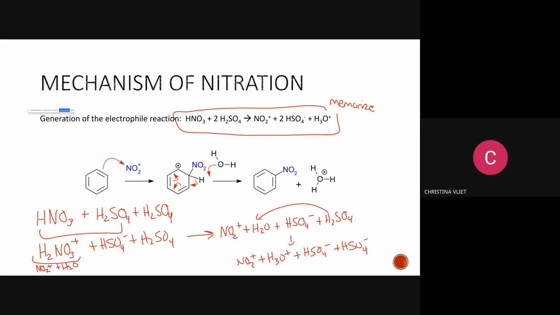The ring grabs the electrophile, then you've got your broken ring with the positive charge, then water grabs the hydrogen, and you get NO2 plus H3O plus as a result. So that's the mechanism for nitration.